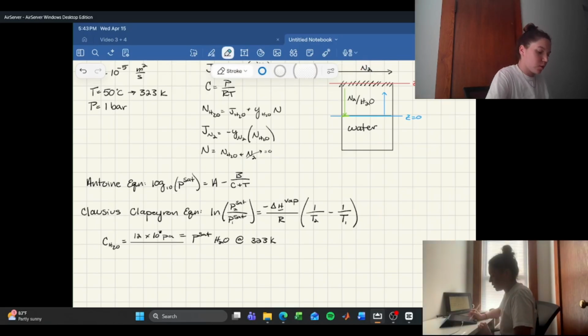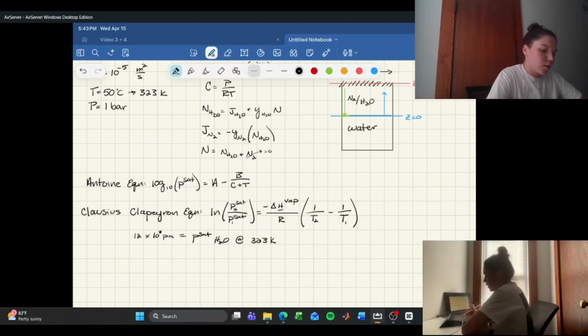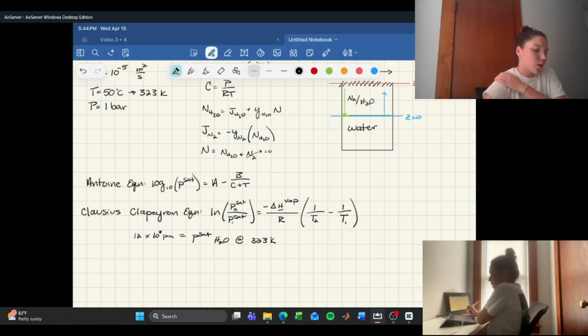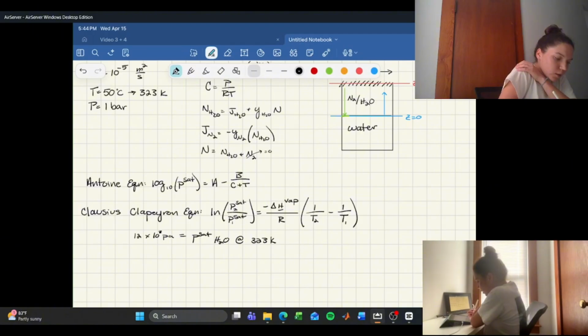Okay, and then let's erase this. Now that we know the saturated pressure of the water, we can find the saturated pressure of the nitrogen.